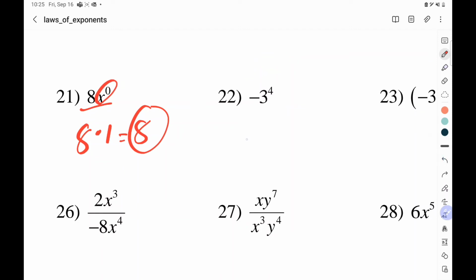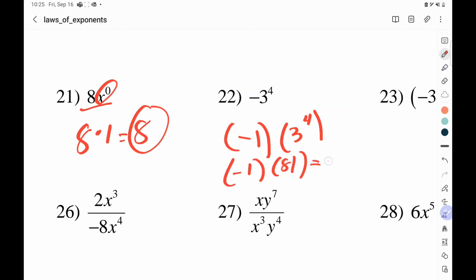So basically it becomes negative 1, right? We can factor out negative 1, and then that becomes 3 to the power of 4. Now 3 to the power of 4 is 81. So we have negative 1 times 81, which is equal to negative 81. That's your answer for number 22.